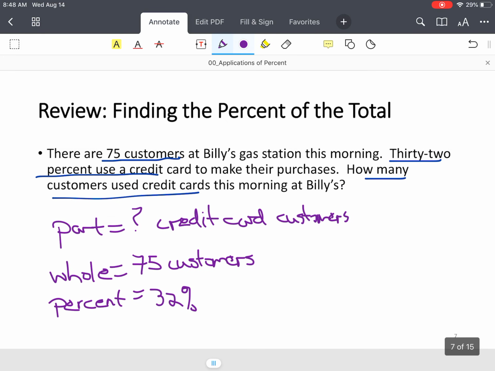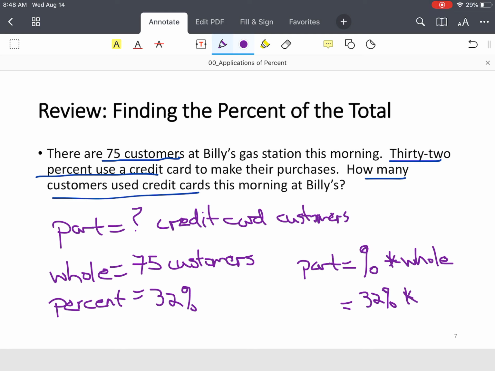So we know that part equals percent, and I'm gonna use shorthand, times the whole. All right, so our percent in this case is 32%. The total number of customers was 75.